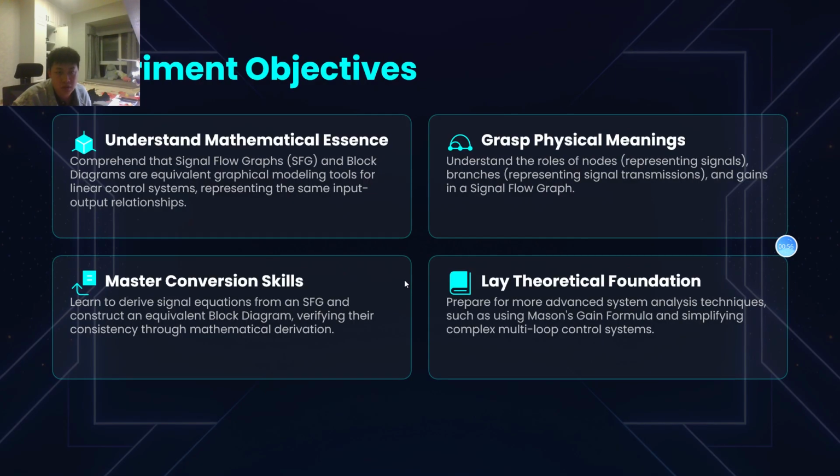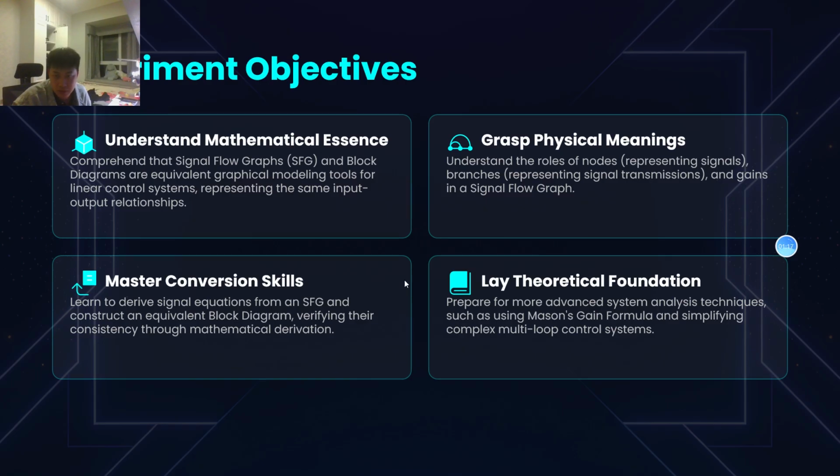You can see: understand mathematical essence, comprehend that signal flow graph and block diagram are equivalent graphical modeling tools for linear control system, representing the same input and output relationship.